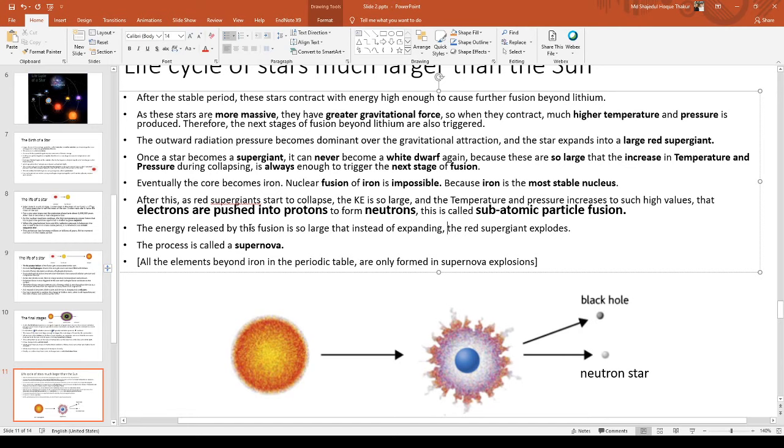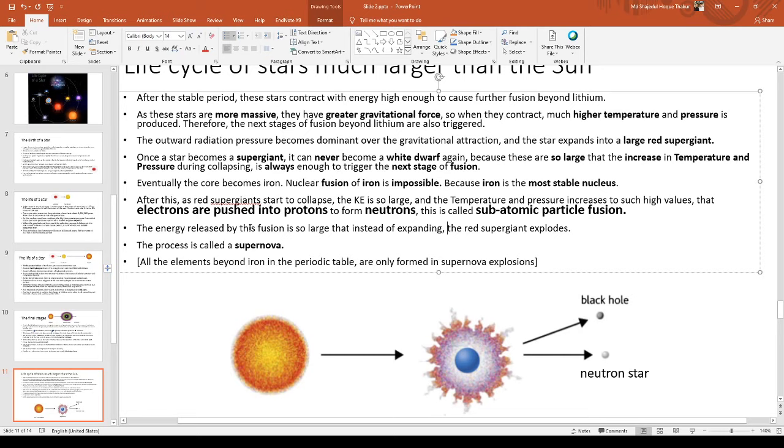Hydrogen fusion at the core of our star, many times more energy. Helium fusion at the core of red giants, many times more energy. Now think about all the more fusion reactions. Manganese fusion, chromium fusion, the last stages of fusion, an insane amount of energy.